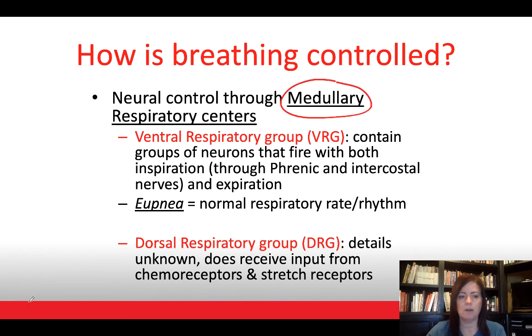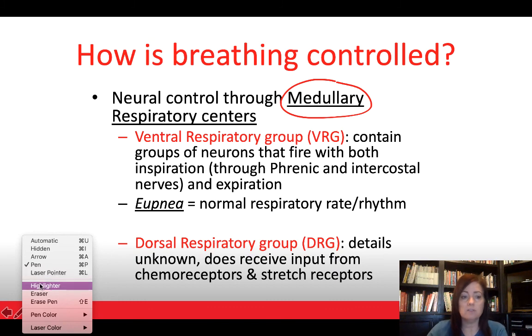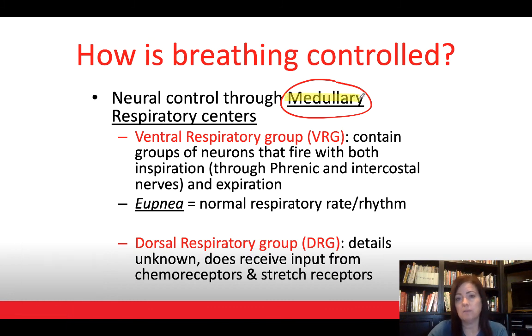If you recall, this should kind of make sense because the medulla also controls heart rate, because we have the cardioacceleratory and cardioinhibitory centers in the medulla, and we also have the vasomotor centers in the medulla, which control vasoconstriction and vasodilation.